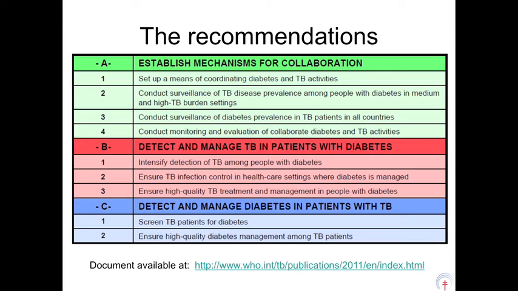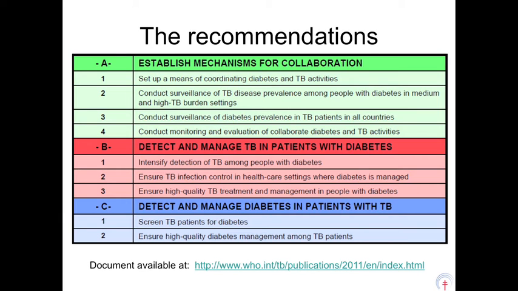So essentially 3 themes of work here. First theme is to establish mechanisms of collaboration between the NCD world and the communicable disease world. Secondly, to detect and manage TB in patients with diabetes. And thirdly, to detect and manage diabetes in patients with tuberculosis, what we call bi-directional screening.